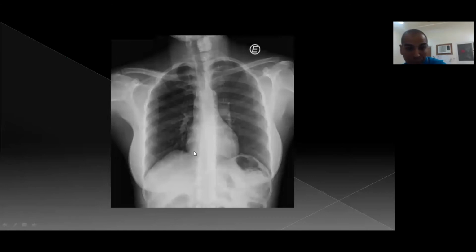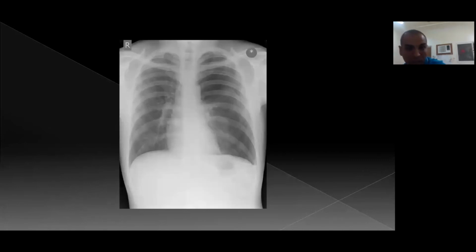This one is a technical cause for the right hemithorax. This one is lucent, more translucent than this one, because this one is not centralized. So the patient should be fully centralized. This one we have here, left hemithorax, more translucent because of massive pneumothorax.